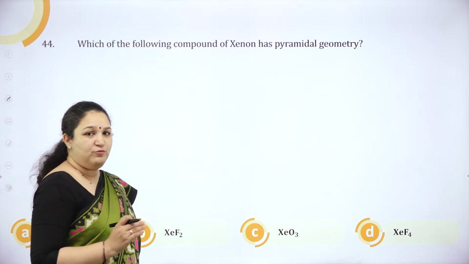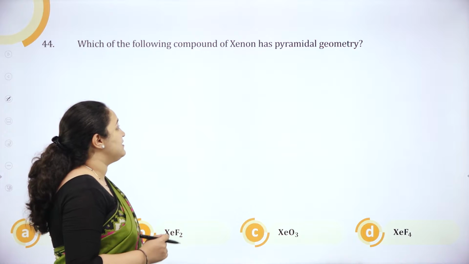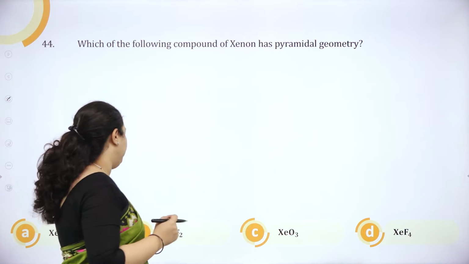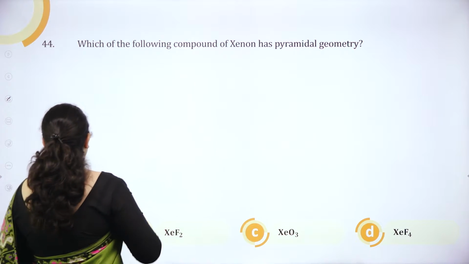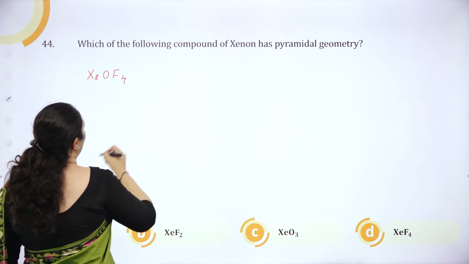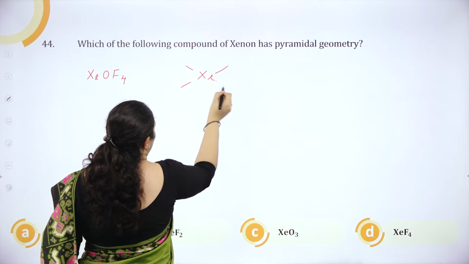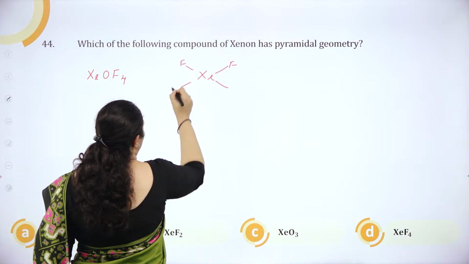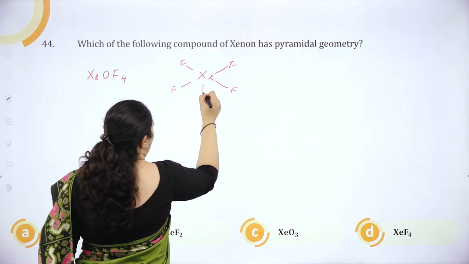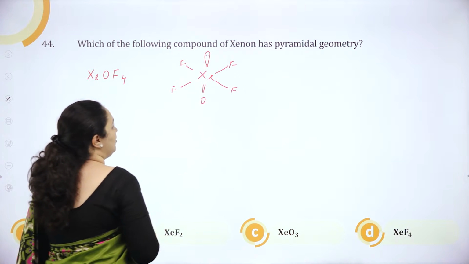Okay. 44th question. Which of the following compounds of xenon has pyramidal geometry? So we have options here. XeOF4, that is the structure is Xe with 4 fluorine atoms and 1 oxygen atom, and there is 1 lone pair of electrons like this.